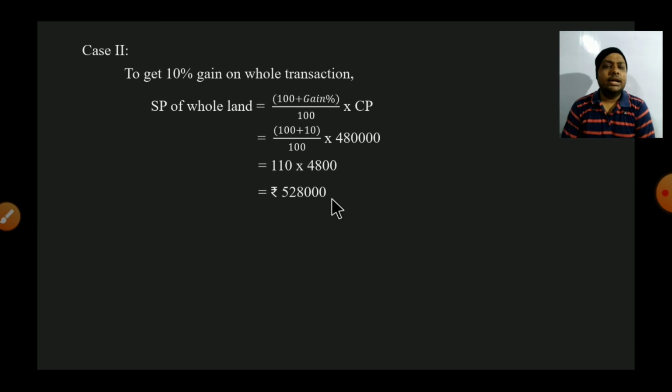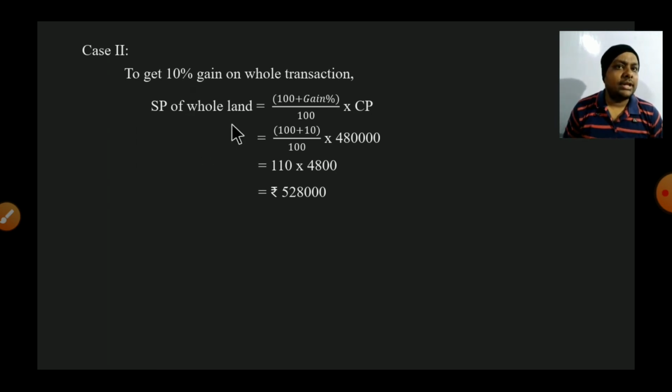It means if he sold the remaining part at a certain gain percent, and if he wants to sell the whole land at 10% gain, then he has to sell the total land for rupees 5,28,000. But here you can see that 2 by 5th part he has already sold. So at first we will subtract to get the SP of 3 by 5th part.